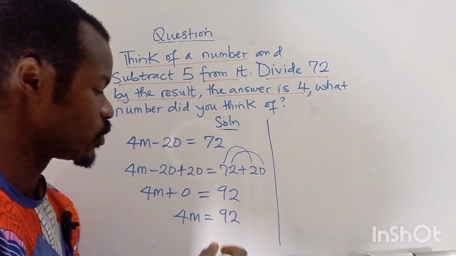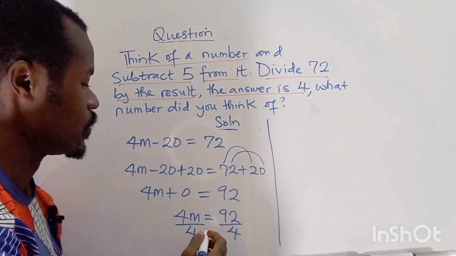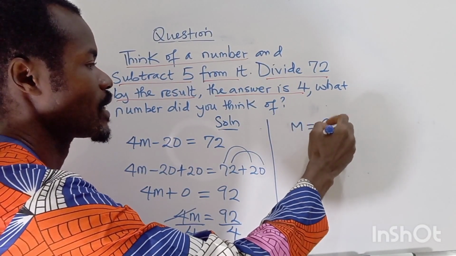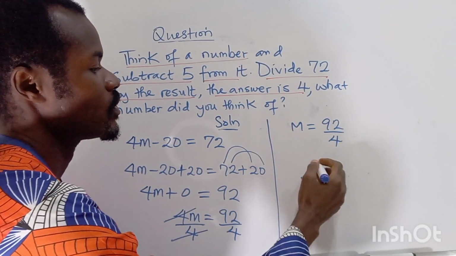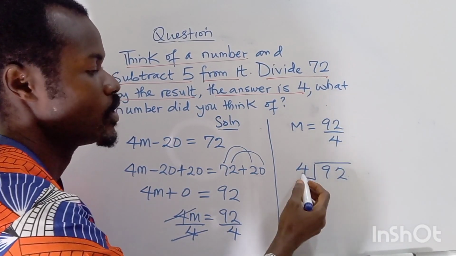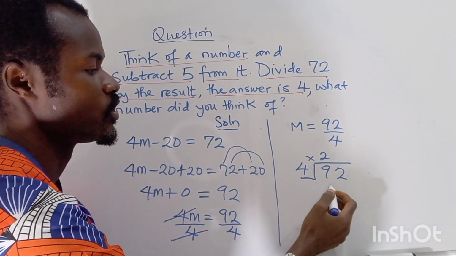Now from this, how can we find the value of N, which is the number that we have got? All we need to do is divide this by 4, and divide this by 4. This will cancel out this, so we are left with N equals 92 divided by 4. We can simply use our long division to get our answer. So it is 4 into 92. Now, 4 will go into 9 how many times? We have 2 times, which is 8.